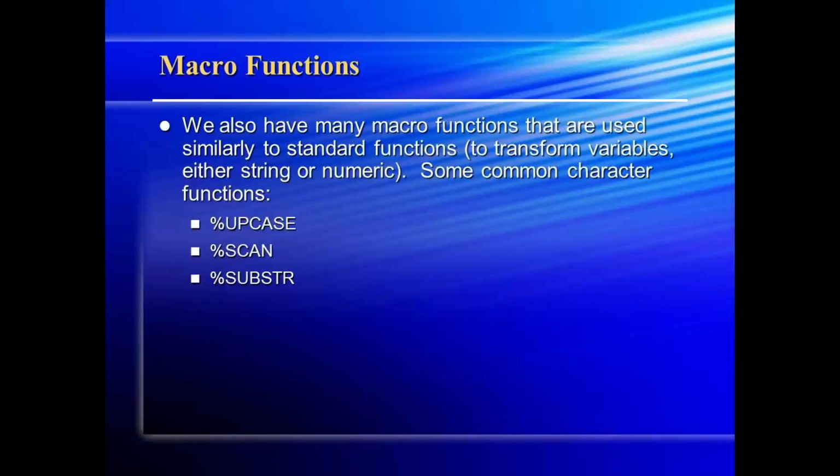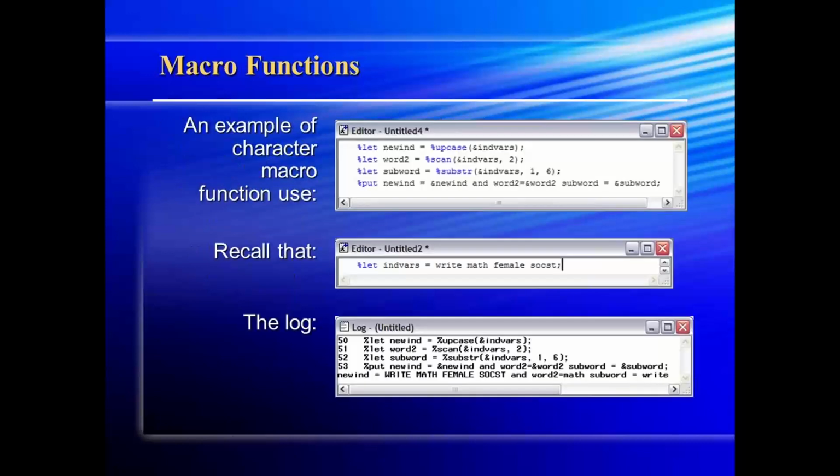Next part is the functions. If you remember the functions of SAS, like upcase, lowcase, scan, substr, compbl, whatever functions we have learned, every function remains the same just by writing a percent sign, because the macro processor has to identify them.